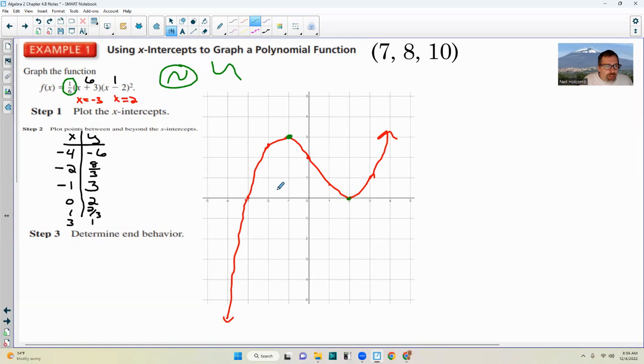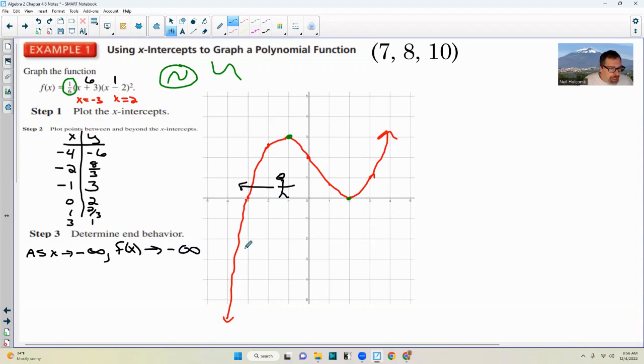So the end behavior is, I'm going to write this, as x approaches negative infinity. In other words, if I'm standing here, and I go this direction, walking this way, I have to look down to see where the function's going. So as x is going to the left, the function is approaching negative infinity.